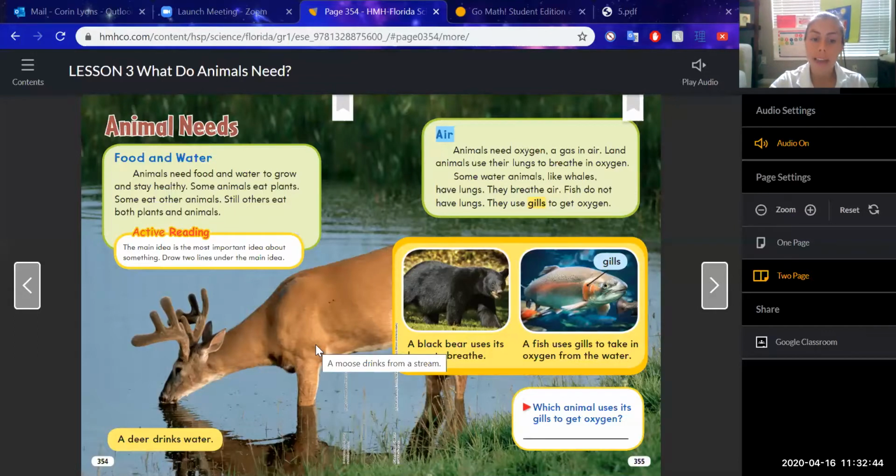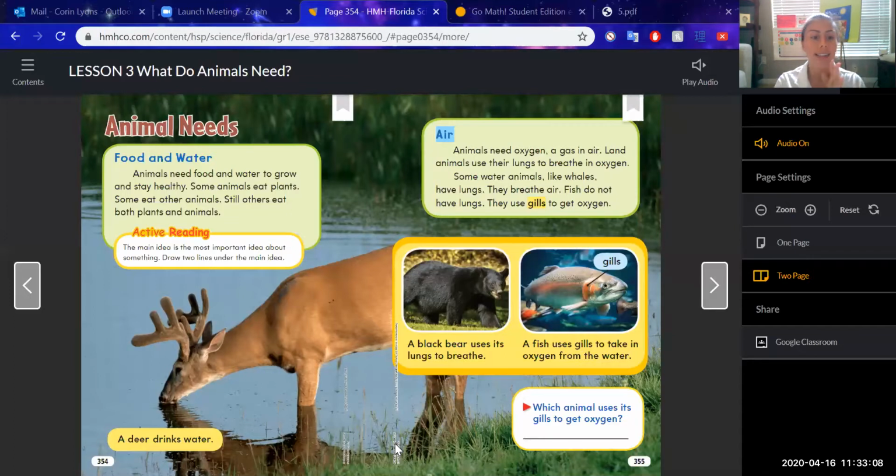So now we're going to go back and look at the animals in the pictures. First, we have a deer or a moose. Do you think the moose has lungs to breathe in air like us? Or do you think they have gills?